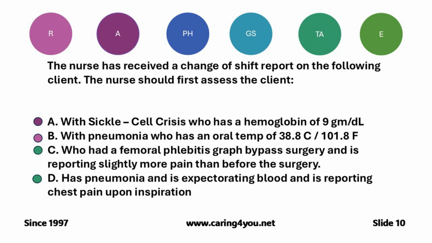Okay, now this is analyzing cues. Remember what I said just a few minutes ago, that analyzing cues is putting things together. This is where you look at the lab work, you look at your diagnostic test, and then you connect the dots, right? So this is showing and stating some lab work, a hemoglobin of 9 grams per deciliter.